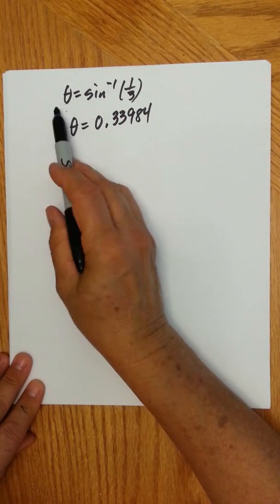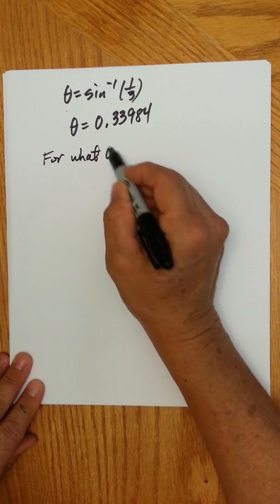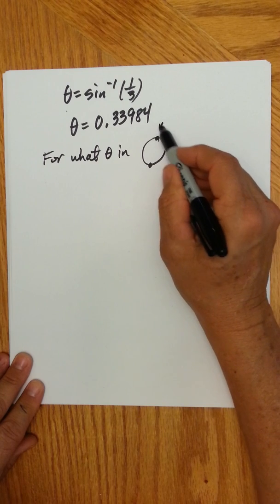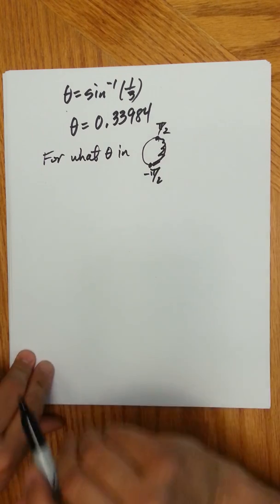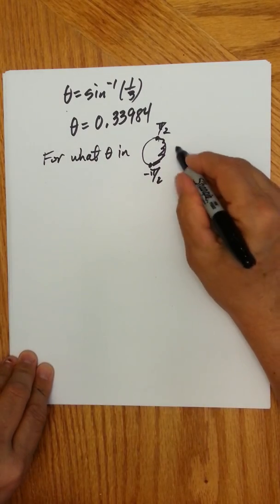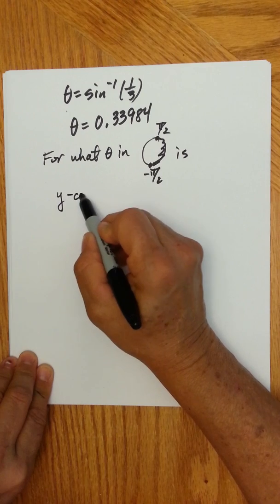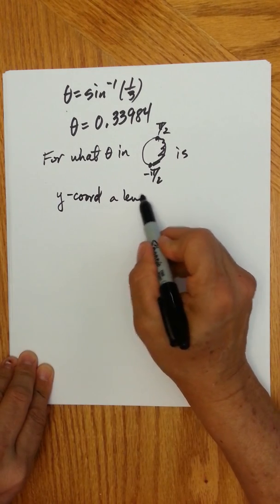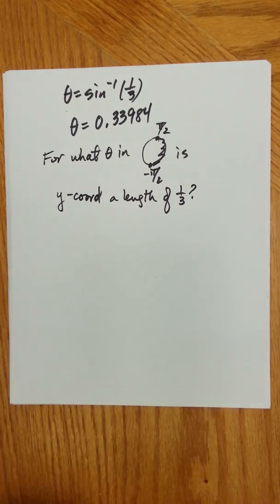But remember, what this question is asking is for what angle, and it's understood you can only look, because of the theoretical restrictions, between negative pi over 2 and pi over 2. Since we're talking about the sine function, we're looking at the y-coordinate. Is the y-coordinate a length of 1/3? Okay?